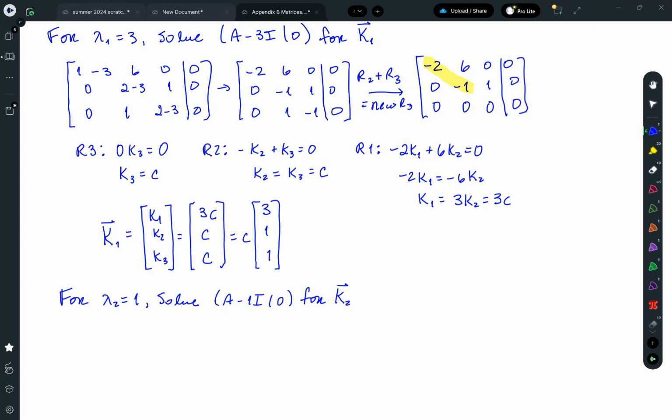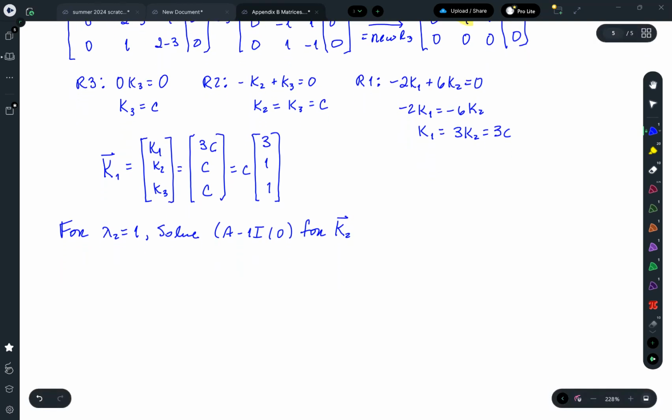So I've got a repeat on my eigenvalue. That's a suspicious sort of thing, and it should be suspicious. It may give us one eigenvector. It may give us two eigenvectors. Hard to say until we actually just do the math.